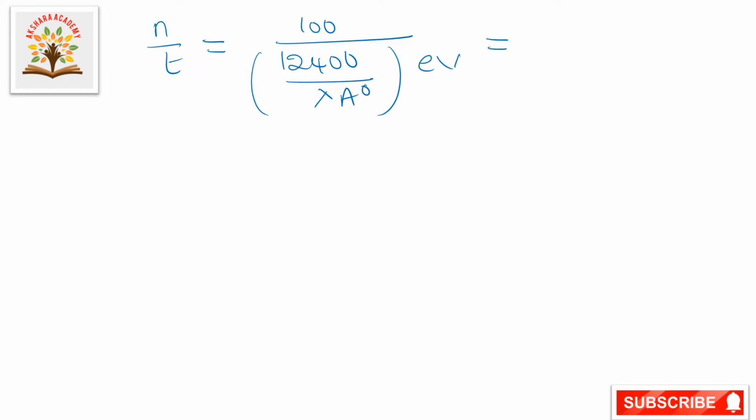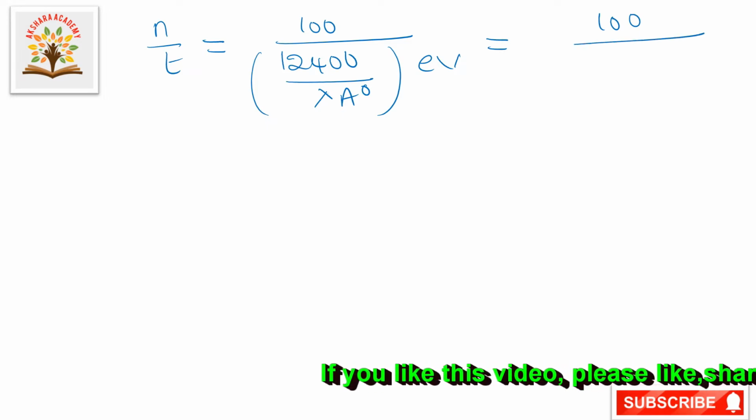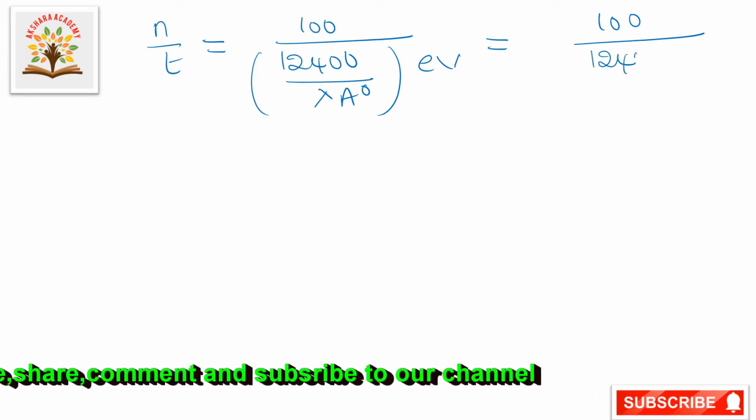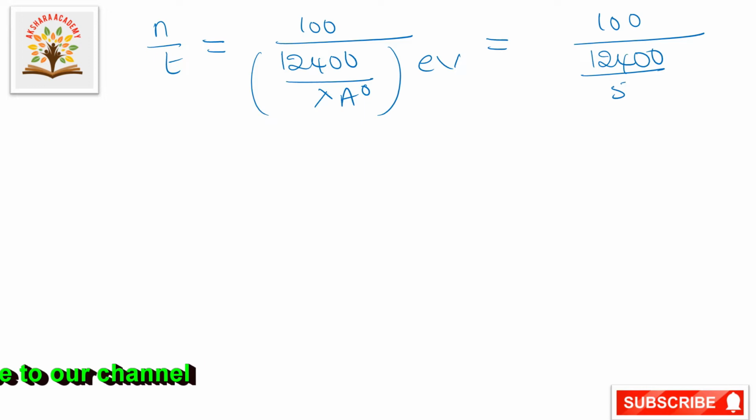So this is equals to 100 watts by, here they given wavelength 5000 Armstrongs. Now substituting 5000 into 1.6 into 10 to the power of minus 19.